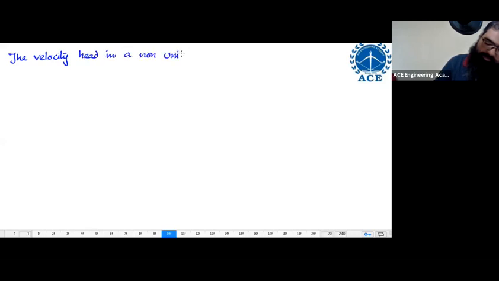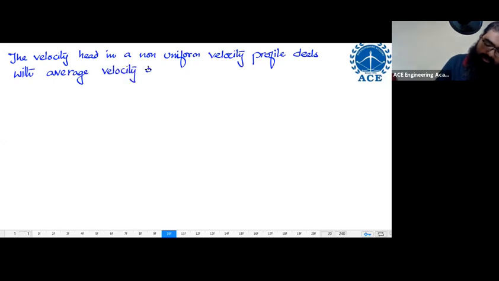Look over here. The velocity head in a non-uniform velocity profile deals with the average velocity of flow.